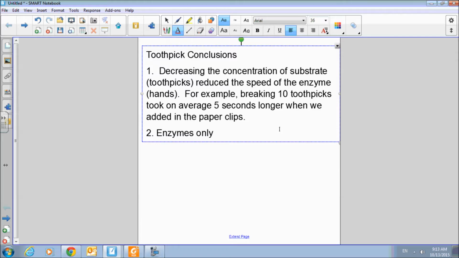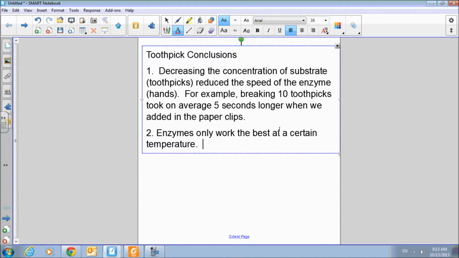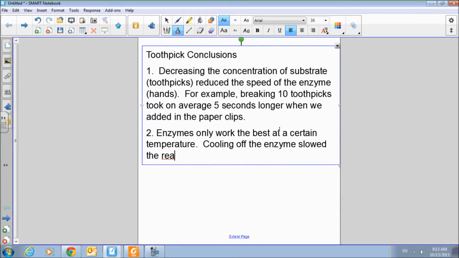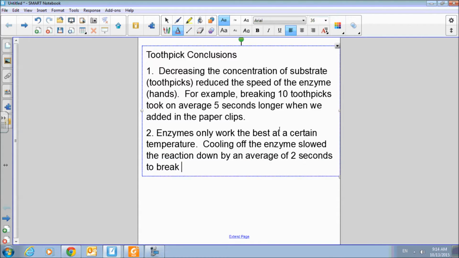Enzymes only work the best at a certain temperature. Cooling off the enzyme slowed the reaction down by an average of, let's say, 2 seconds to break 10 toothpicks. We good on that one?